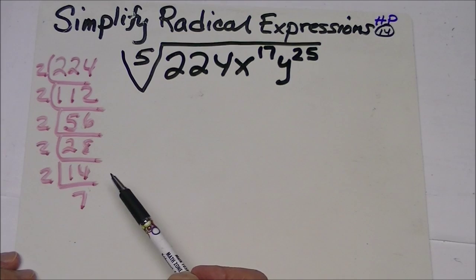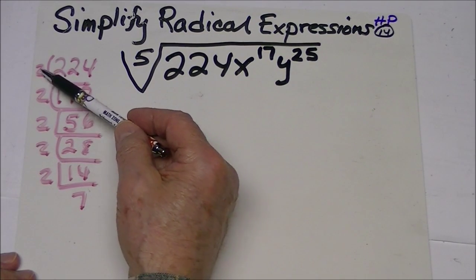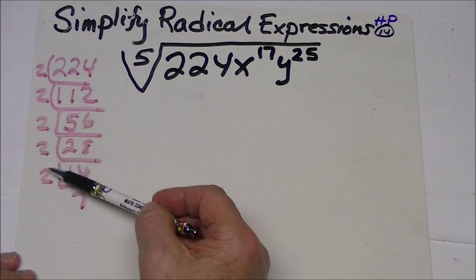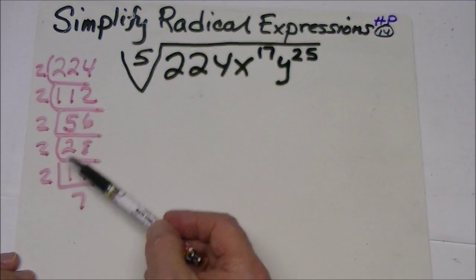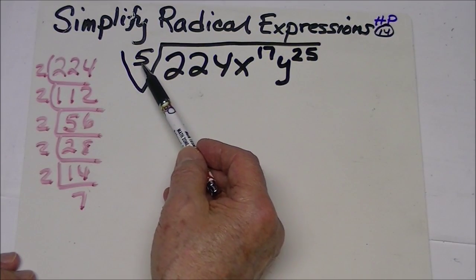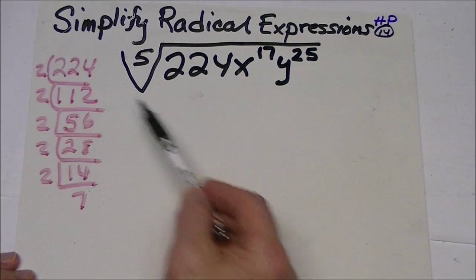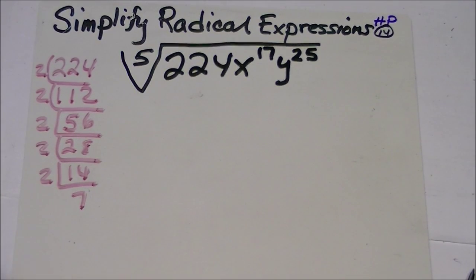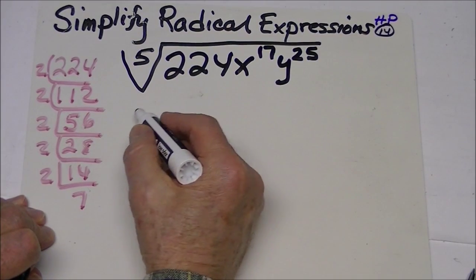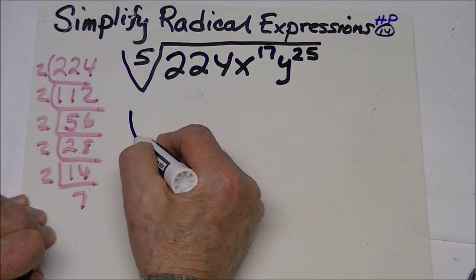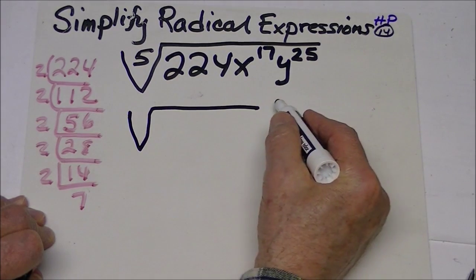Now, how many 2's do I have? Well, 1, 2, 3, 4, 5. So that is 2 to the fifth power, which is a perfect fifth. So let's keep that in mind. Getting back to our other method, we want to simplify this, so we're going to write two radical signs.